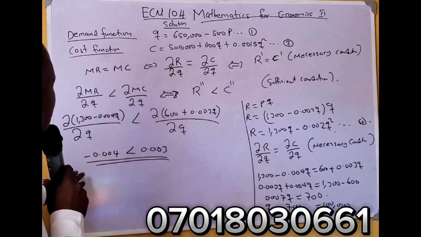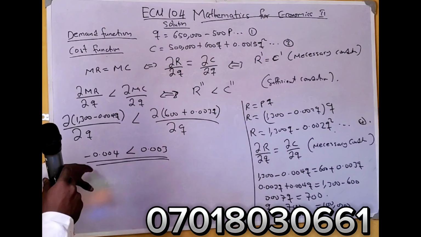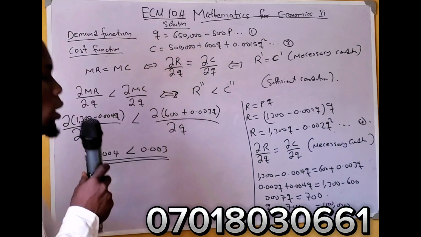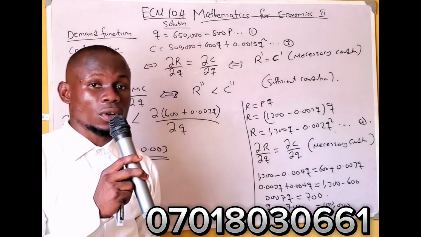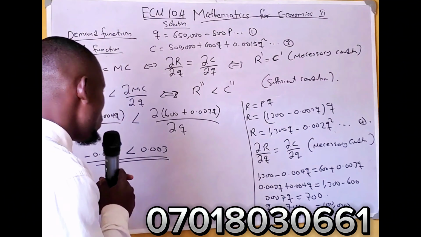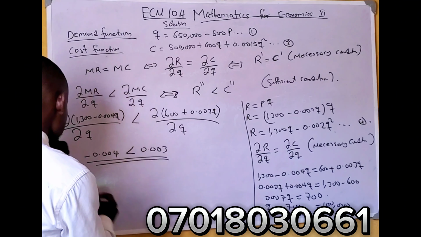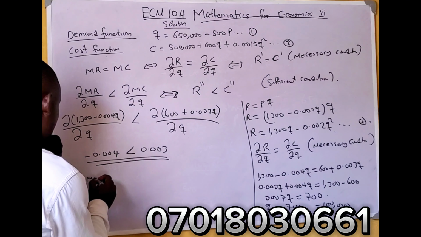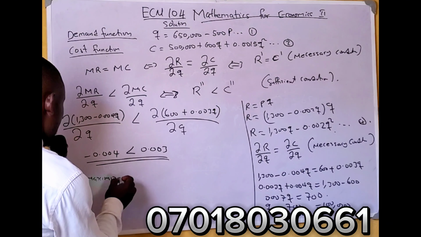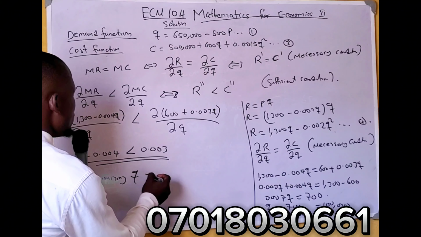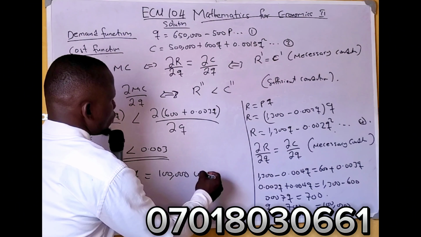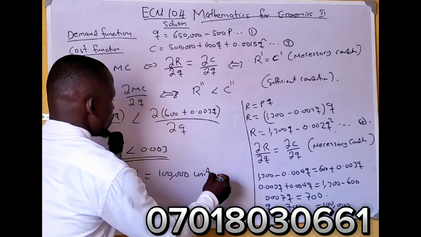The second order derivative of revenue is minus 0.004, which is less than 0.003, our second order derivative of cost. Therefore, we can conclude that the profit maximizing quantity is equal to 100,000 units.